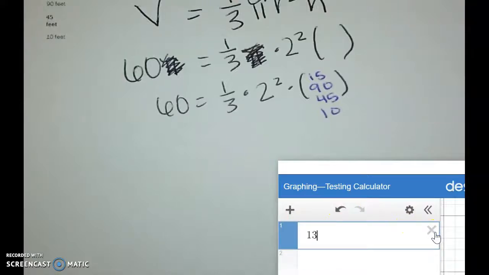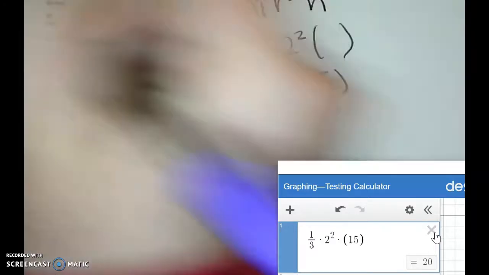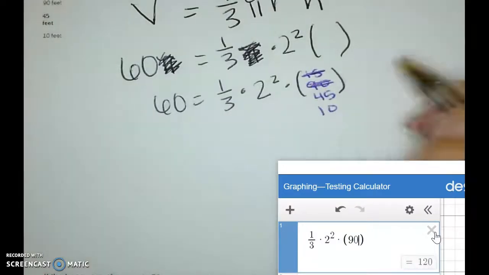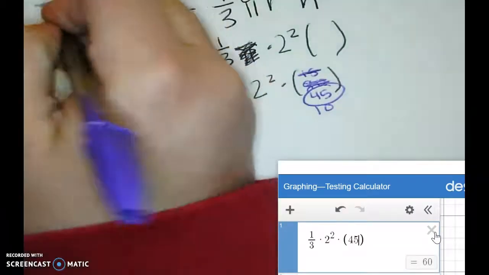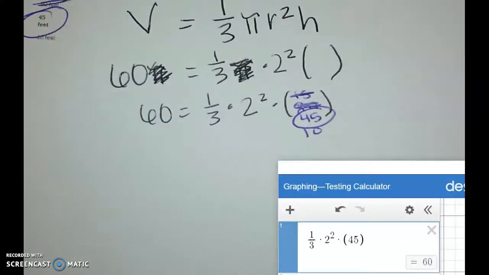So I've got 1/3 times 2 squared times, let's try 15. It's 20, so not 60, okay? So it's not 15. Let's try 90. That's 120, that's not 60. Let's try 45. 60, there we go, there's your answer. The correct answer was 45 feet.